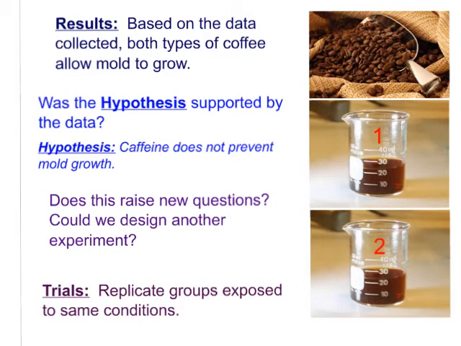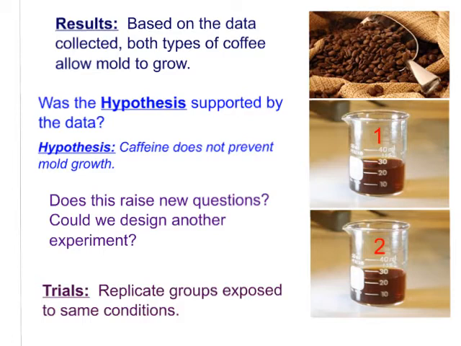So does this raise new questions? There's certainly some questions that could be going through your mind. Well, could we design a different experiment, another experiment? Absolutely. One thing I want you to keep in mind is that trials are very important: the number of times that the same conditions are repeated. So replicate groups exposed to the same conditions, I wrote down there.